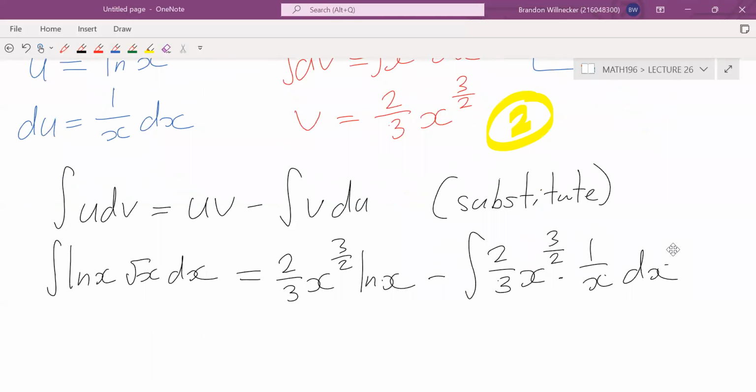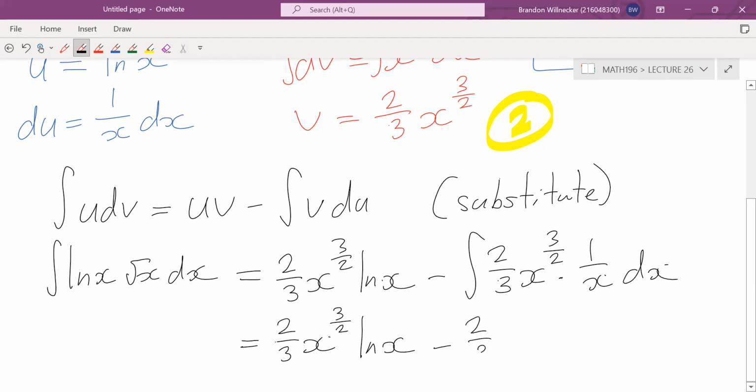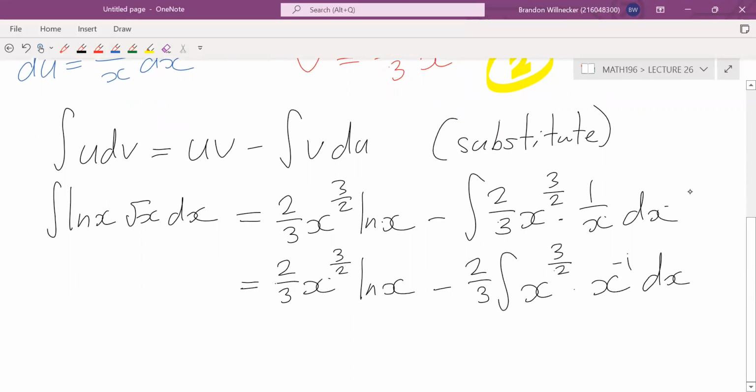Okay, now we have to integrate. So this is going to be 2/3 x to the 3 over 2 natural log of x minus 2/3 the integral of x to the 3 over 2 times x to the minus 1. Okay, so I've just taken the x to the numerator, so the exponent becomes minus 1 there.